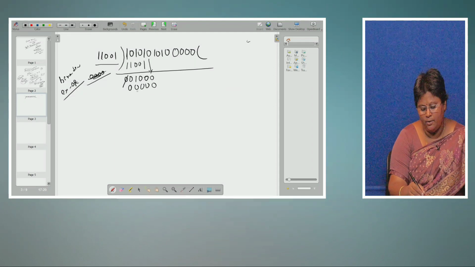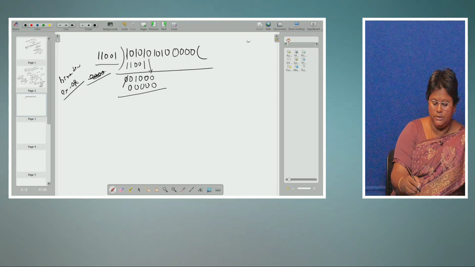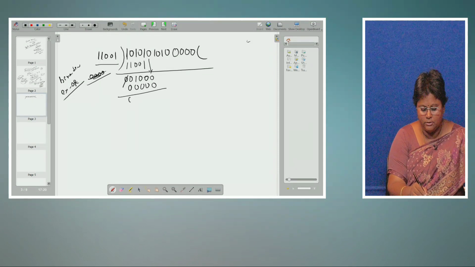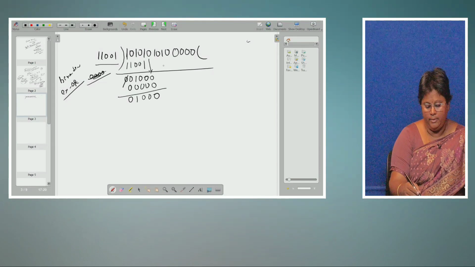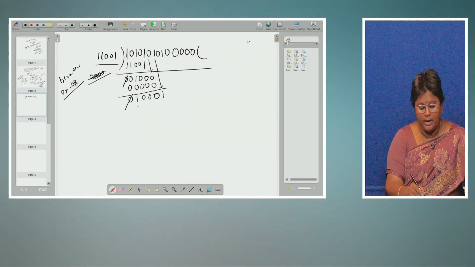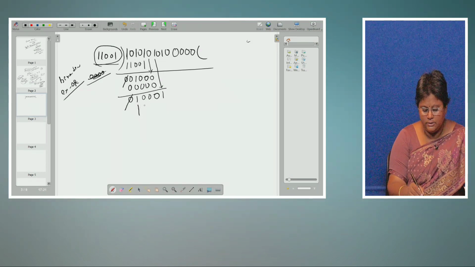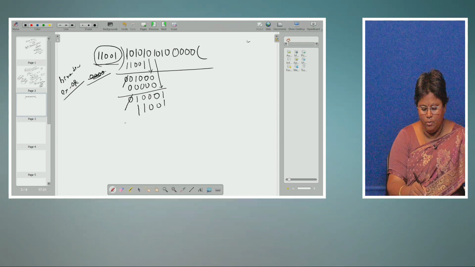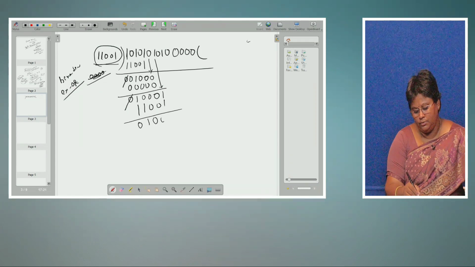Now you have 5 bits, and you perform the XOR operation, which gives 0 1 0 0 0. Again you cross this one and bring down the next bit. Now the first bit is 1, so you perform the XOR operation with your given divisor, 1 1 0 0 1. Now what you get is 0 1 0 0 0.